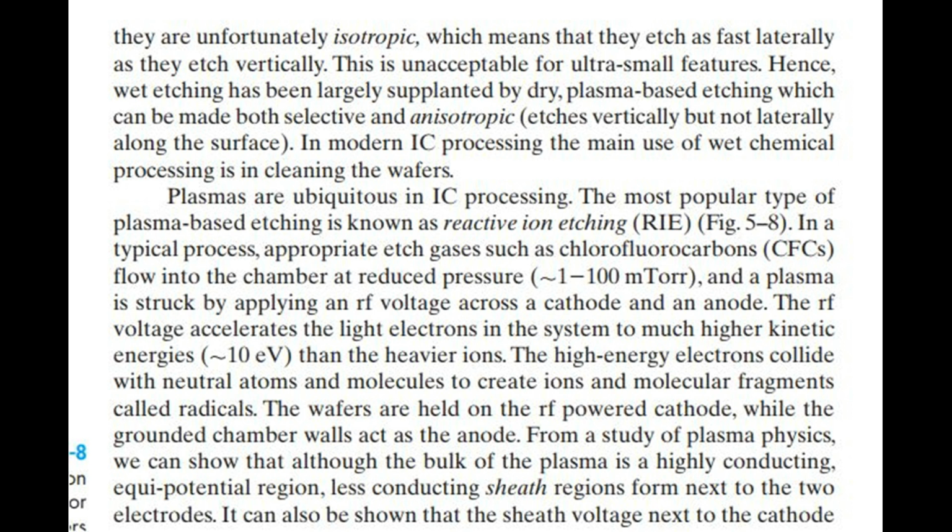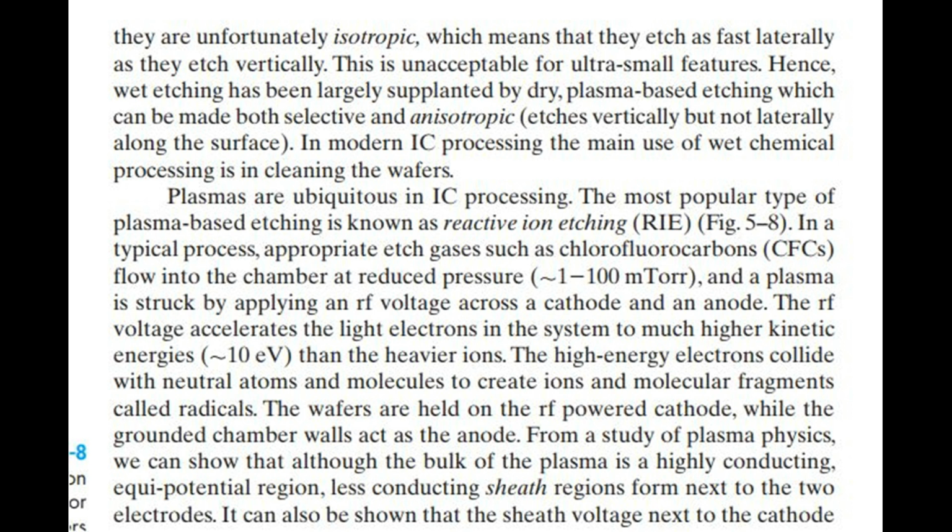The most popular type of plasma-based etching is known as reactive ion etching, Fig. 5.8. In a typical process, appropriate etch gases such as chlorofluorocarbons flow into the chamber at reduced pressure, 1 to 100 mTorr, and a plasma is struck by applying an RF voltage across a cathode and an anode.